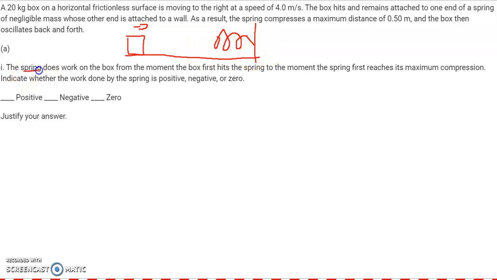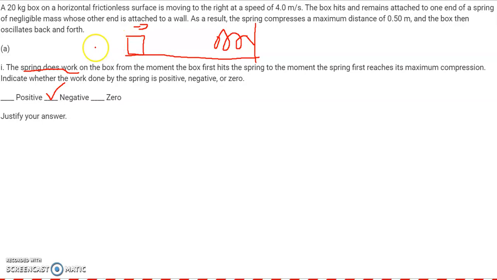A couple things. Does the spring do work on the box? Indicate whether that work is positive, negative, or zero. The spring does negative work on the box, okay? The spring pushes in the opposite direction the box is moving, and so that would be negative work.